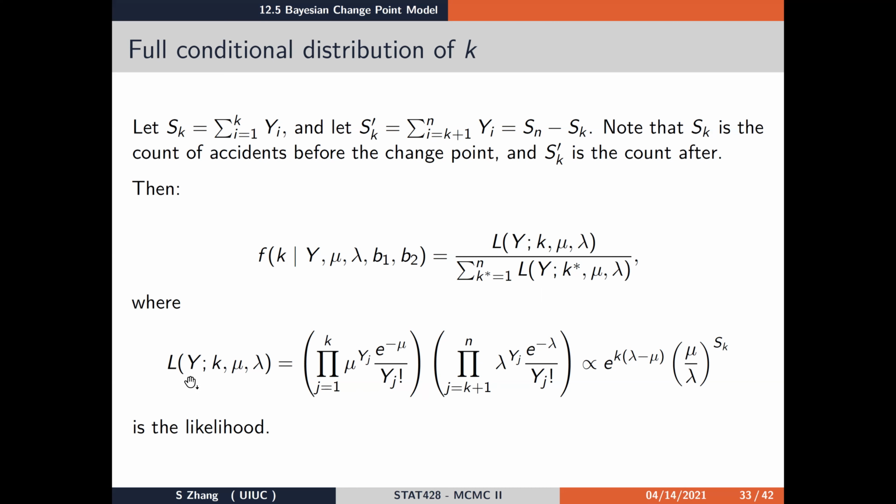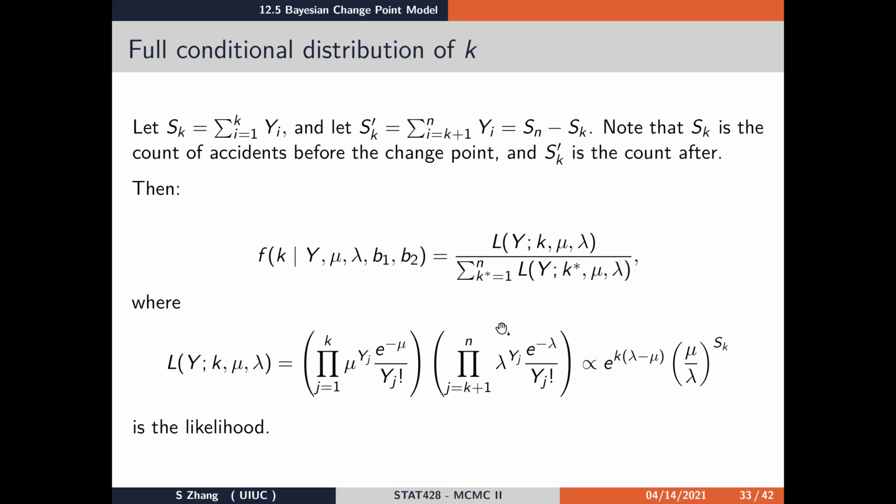Here, L of y given k, mu, lambda is the likelihood, and this is equal to the product of the Poisson densities with rate mu from time 1 to time k, so the pre-change ones, times the product of the Poisson probabilities post-change from time k plus 1 to n with Poisson mean lambda.